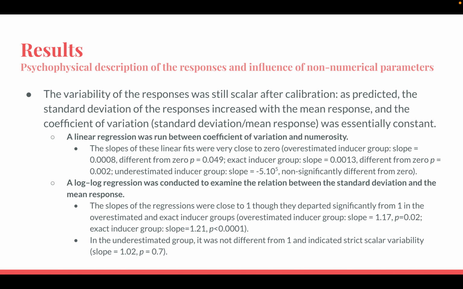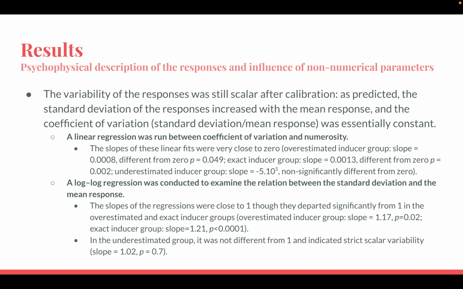First, a linear regression was run between coefficient of variation and numerosity. The slopes of these linear fits were very close to zero. The level of fit was very poor in this regression, indicating a weak covariation between coefficient of variation and numerosity. Second, they used a log-log regression to estimate the relation between the standard deviation and the mean response.